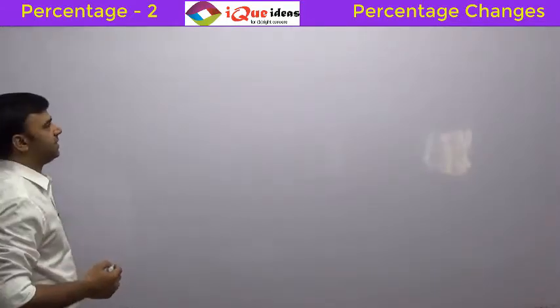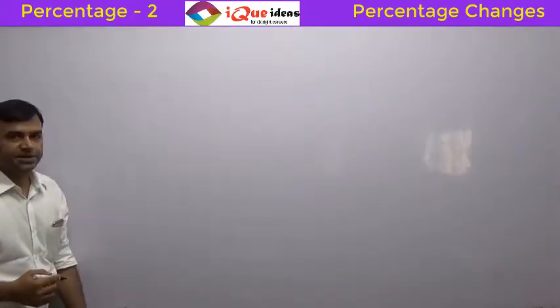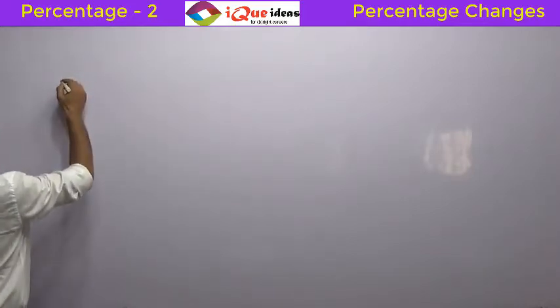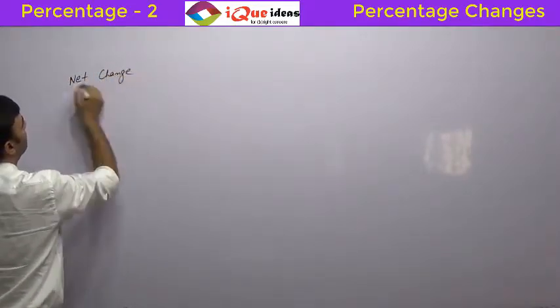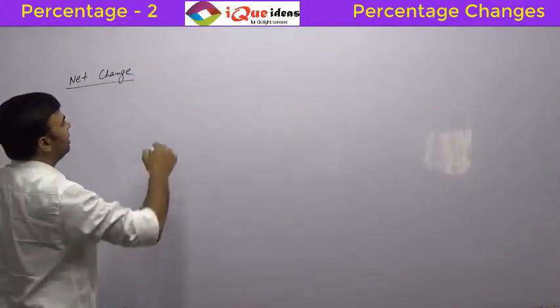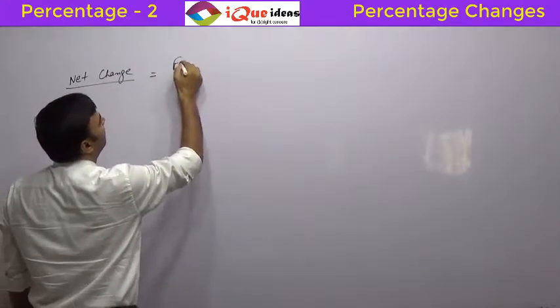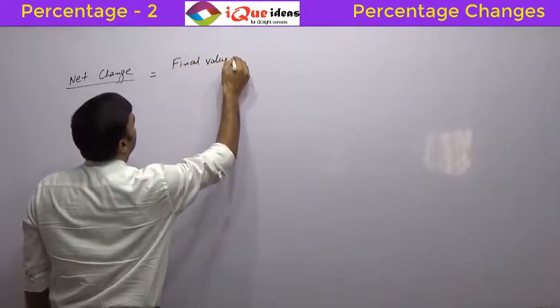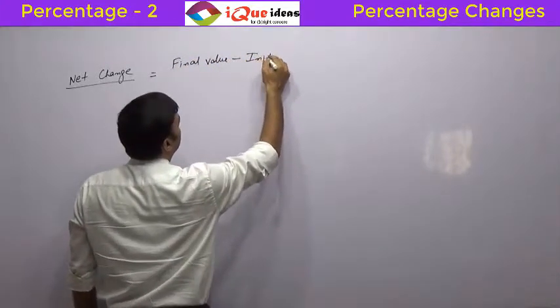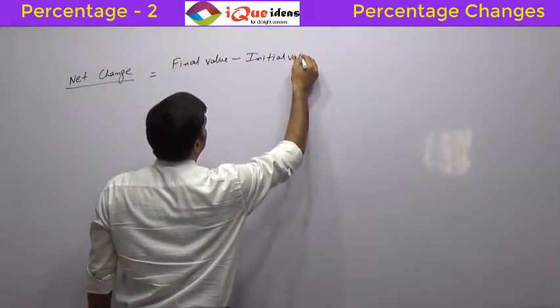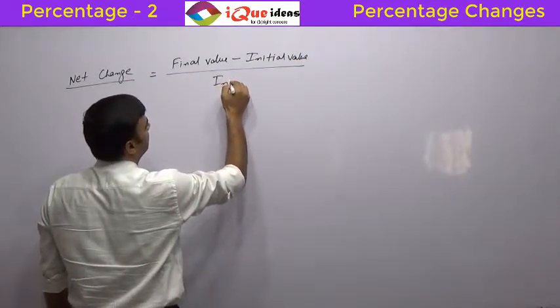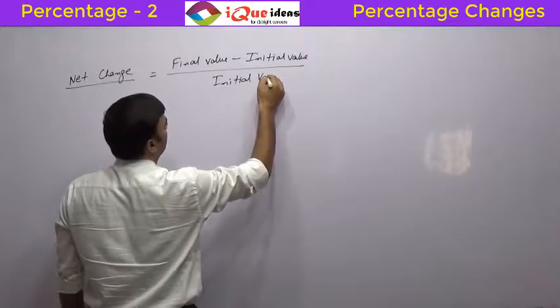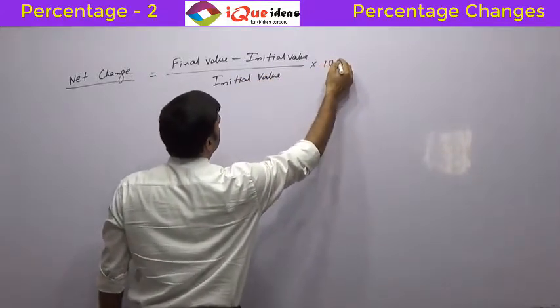Now we will take up the next segment of the chapter percentage, that is net change. How do we calculate net change? Net change is calculated as final value minus initial value, divided by initial value, into 100.